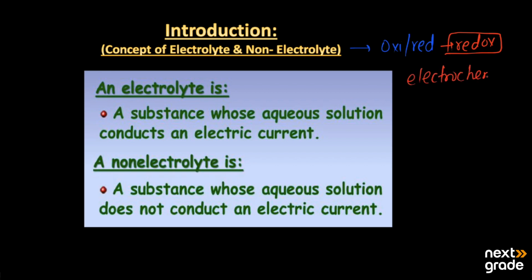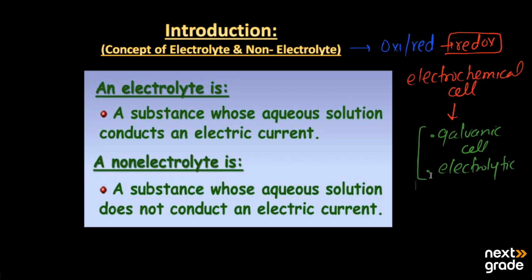As we have already learned what is meant by electrochemical cells, these are the cells that are used for the electrochemical processes, and there are two types. The first one is the galvanic cell, and the second type is the electrolytic cell.